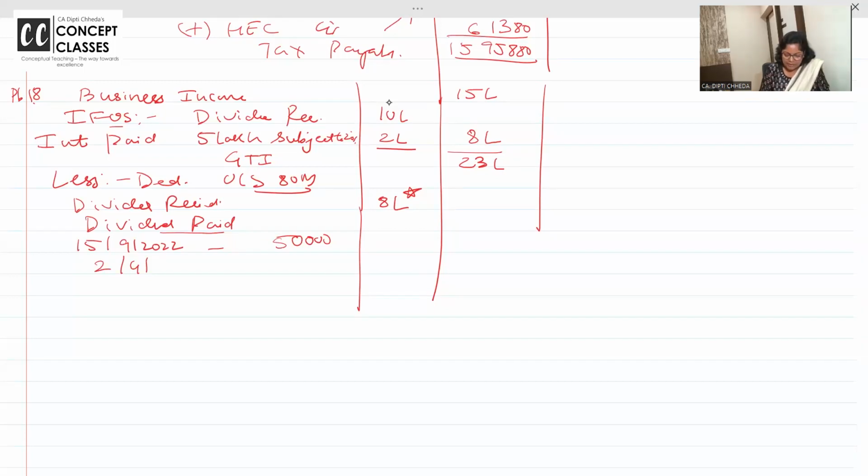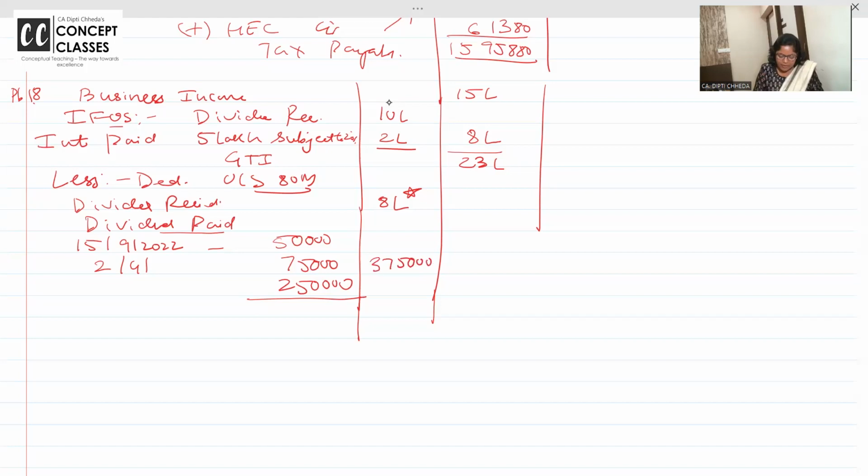How much have you paid? 75,000. Third is also paid before the due date, 250. Fourth is not deductible because it's not paid before the due date. So how much dividend is paid during this year? 50,000 plus 75,000 plus 2 lakh 50,000, 3 lakh 75,000.